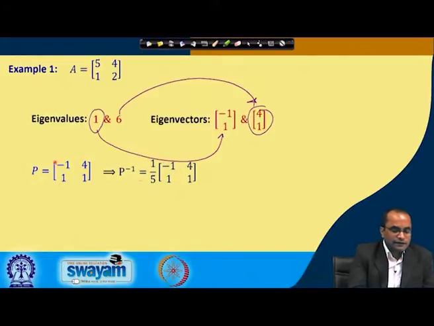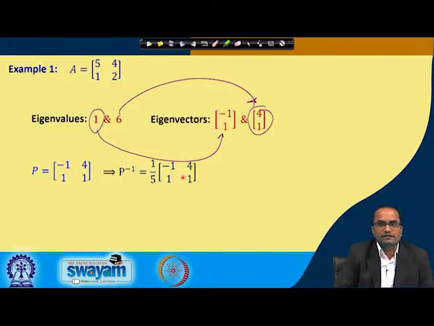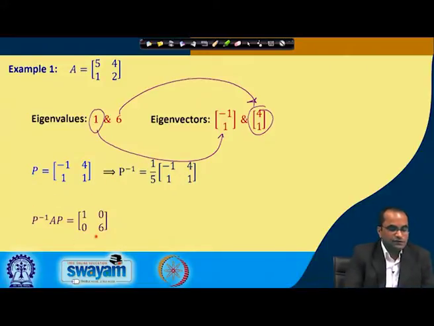So, finally, we will get the P inverse of this matrix P, which we can also verify by multiplying these two, and we are getting the identity matrix. If we compute P inverse AP, that is coming to be 1, 6 in the diagonal, and it is a diagonal matrix.